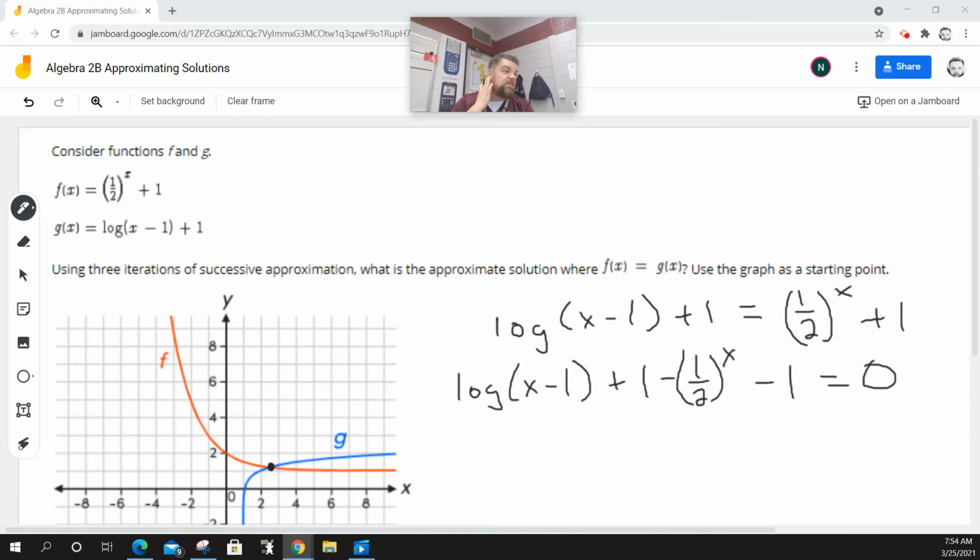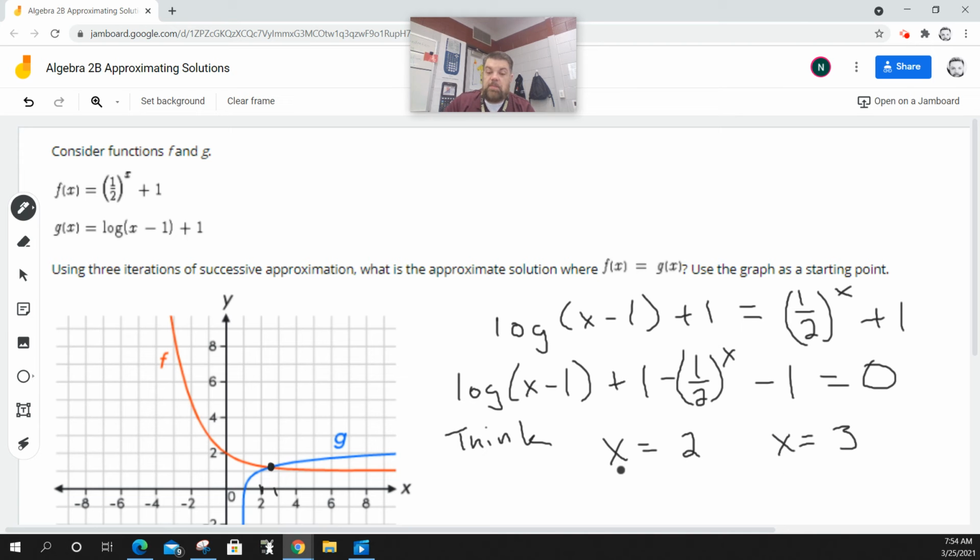And then from there, I'm going to look to see what my possible answers are. So it looks like we're going to think about x equals 2 and x equals 3. So my answer is between x equals 2 and x equals 3.